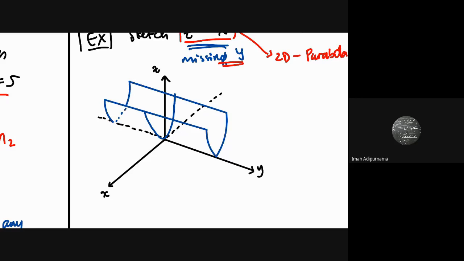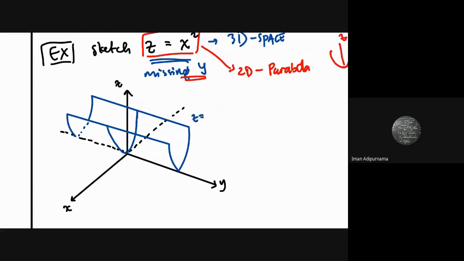And this becomes our curve, or our surface now. So this is z equals x squared.